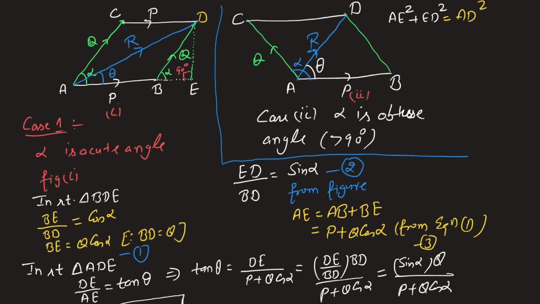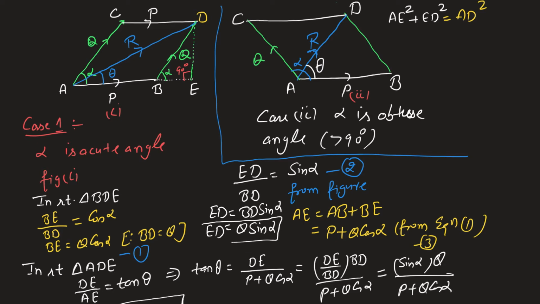And what is ED? ED is BD sin alpha, and BD is Q. So ED is equal to Q sin alpha.